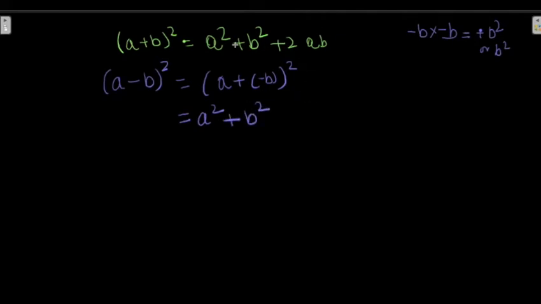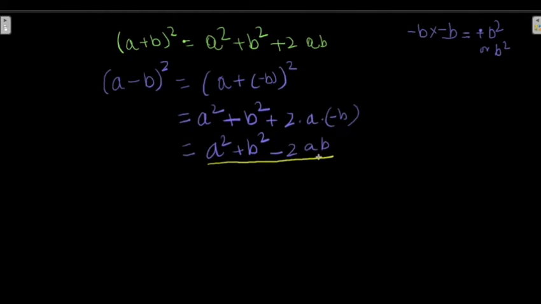So square of the first term, square of the second term, and then plus twice the product of both terms, twice the product of a and minus b. It is 2 times a times minus b. So this is a square plus b square minus 2ab, and that was the formula which we derived.